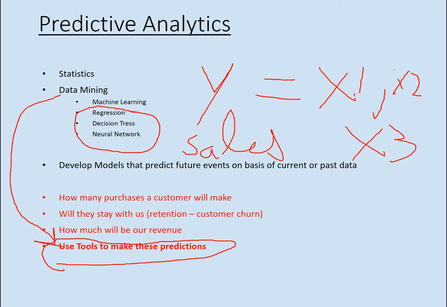So let's say in statistics we get a result that has a p-value less than 0.05, which means that this variable x3 has a significant effect on our sales. So we are looking at it more as a tool to get our final result. We are not that concerned about how the statistics is done, because that's what we are using our Enterprise Miner tool for.